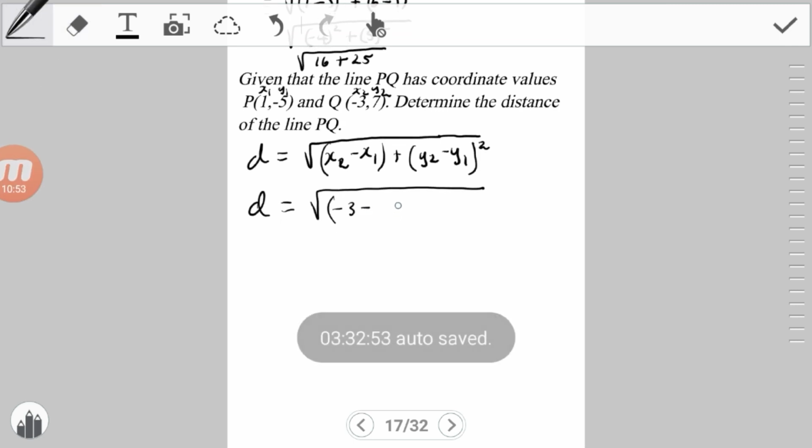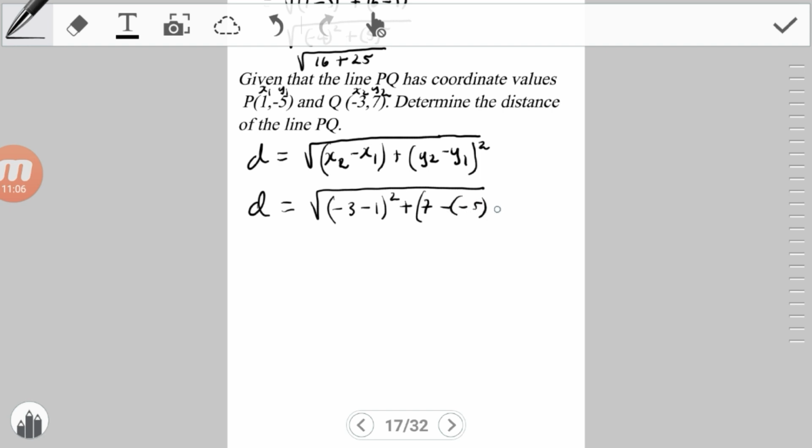So that's x2, take away x1, so that's minus 3 minus 1 squared. Plus y2 is 7, take away y1, so that's 7 take away negative 5. I'm going to square that. Okay, notice I put a double bracket here to separate my negative sign from my negative 5.